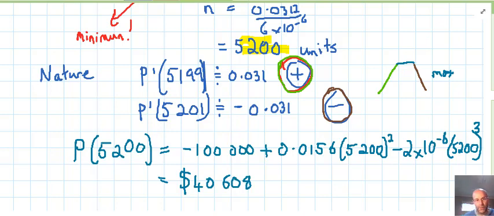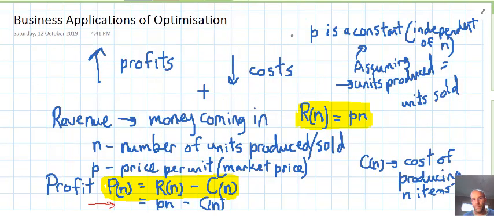So when we sell 5,200 items, we can get a maximum profit of $40,608, based on those assumptions we mentioned in the video: that P doesn't change, it's not affected by the number of units sold, and also that the number of units produced is the number of units sold. Fun!